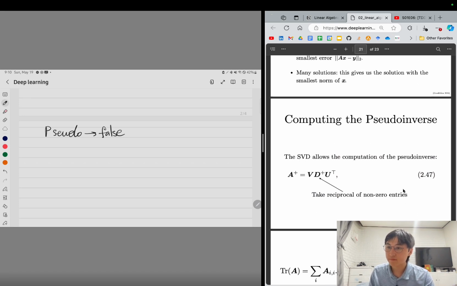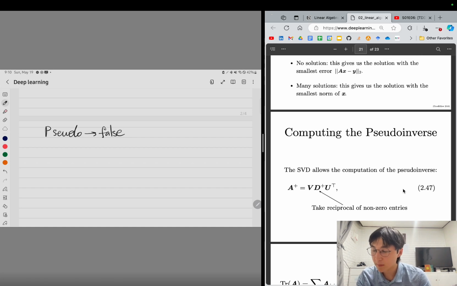So for non-square matrices, to find the inverse of that matrix, a false inverse, not a true inverse, just similar to that inverse, we can use singular value decomposition values. Singular value decomposition is used for non-square matrices, right? And the pseudo inverse finds the inverse of those non-square matrices.